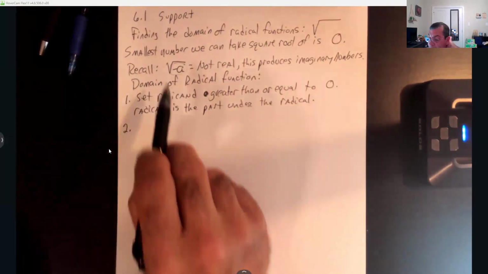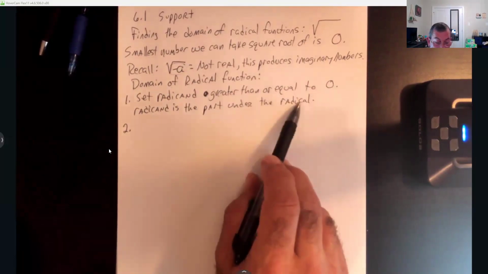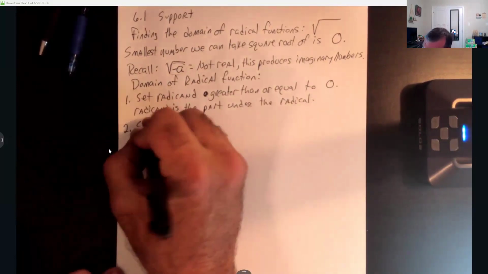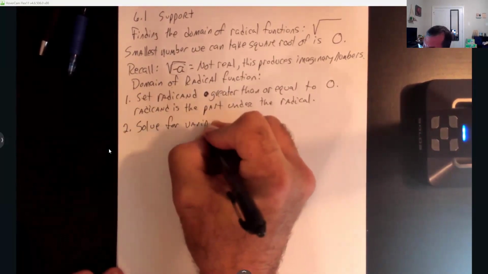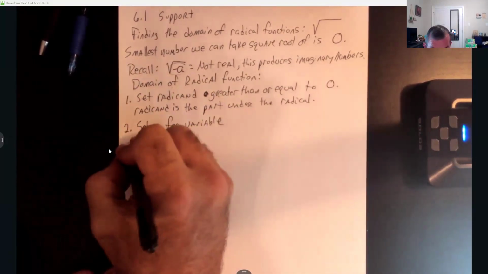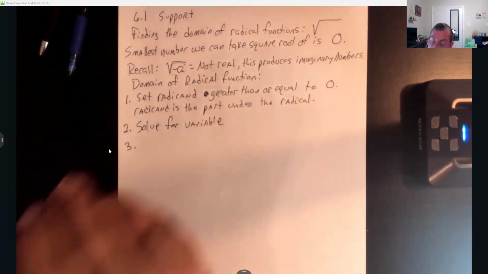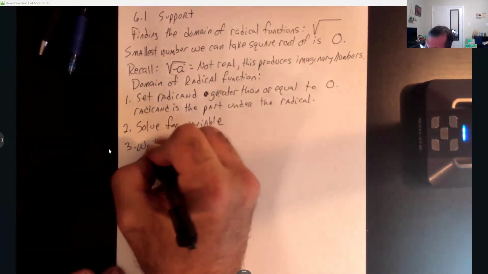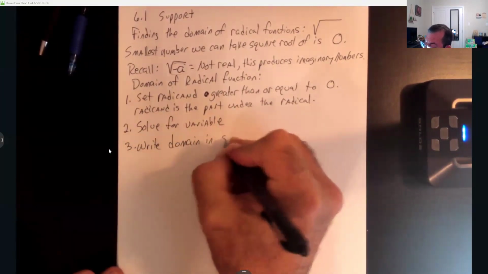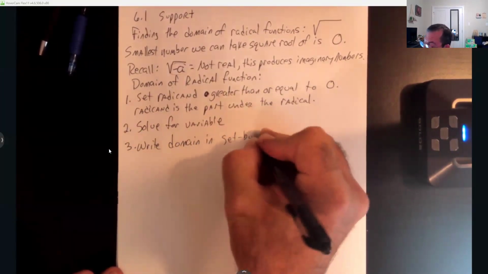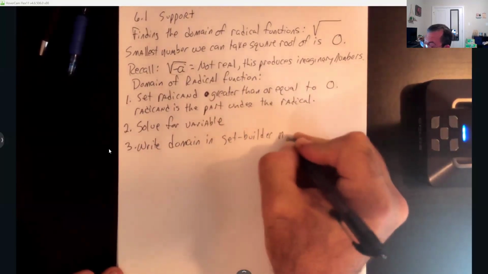All right, so once you set this radicand greater than or equal to 0, you solve it for the variable. And then write the domain in set builder notation.